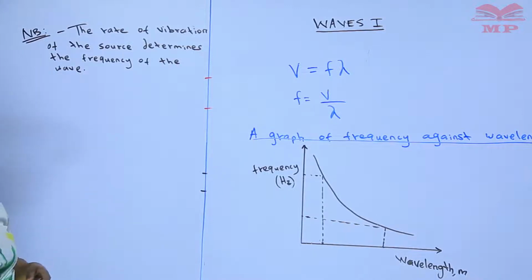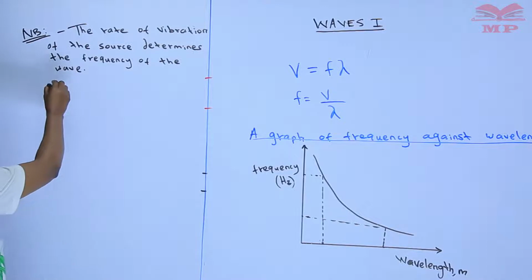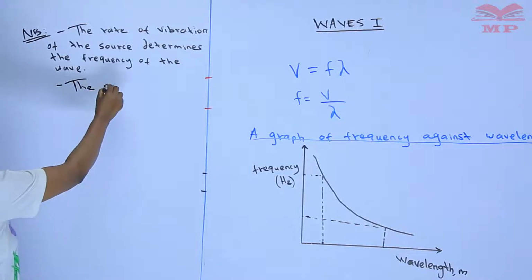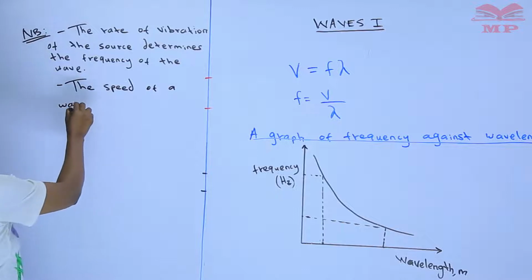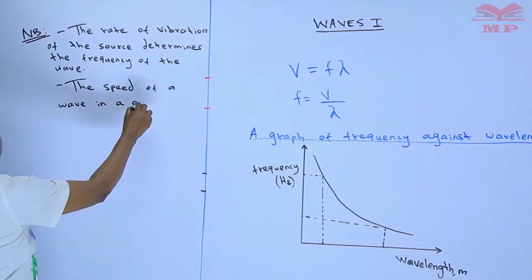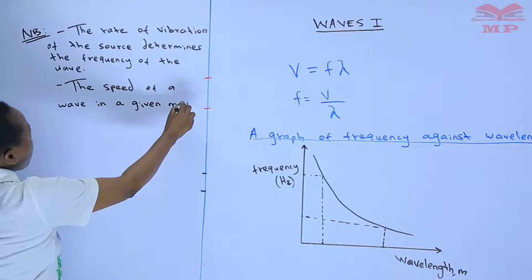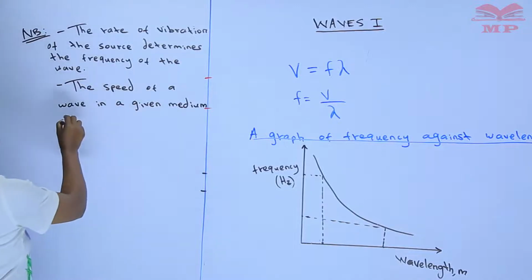We say that frequency is the number of oscillations in 1 second. So the more the vibrations, the more the frequency of that wave. And then we say that also the speed of a wave in a given medium is constant.